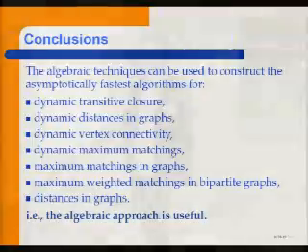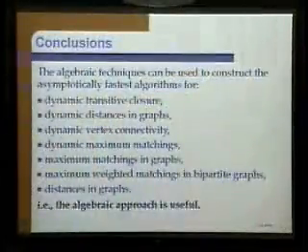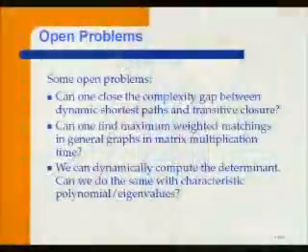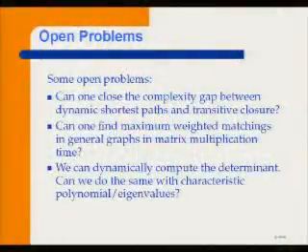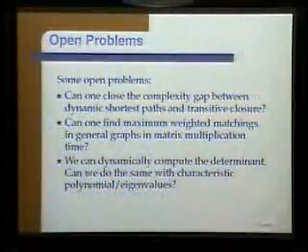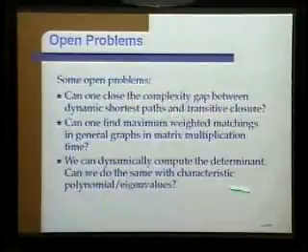Okay, so to conclude, we have shown that the algebraic approach can be used to devise efficient algorithms for the problem. So we have proved that it is useful, which is what I was talking about. That's a good approach. But anyway, there are a few problems. The list is even much longer than this, but these are the interesting open problems which remain.